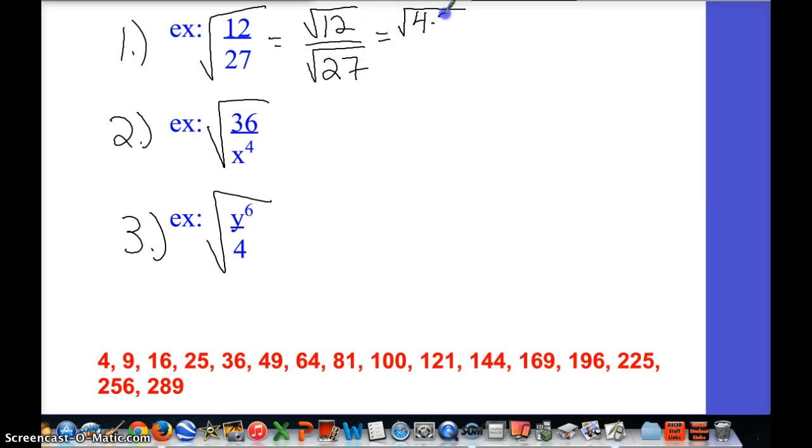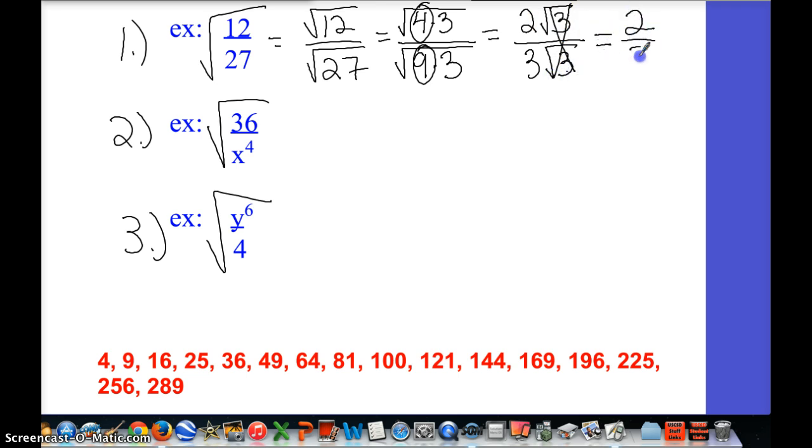It's 4 times 3. 27 is divisible by 9, so it's the square root of 9 times 3. So we get the square root of 4 is 2 times the square root of 3, over the square root of 9 is 3 times the square root of 3. Now remember, when you have something in the numerator and the denominator, if they can simplify, these cancel and you're left with 2/3.